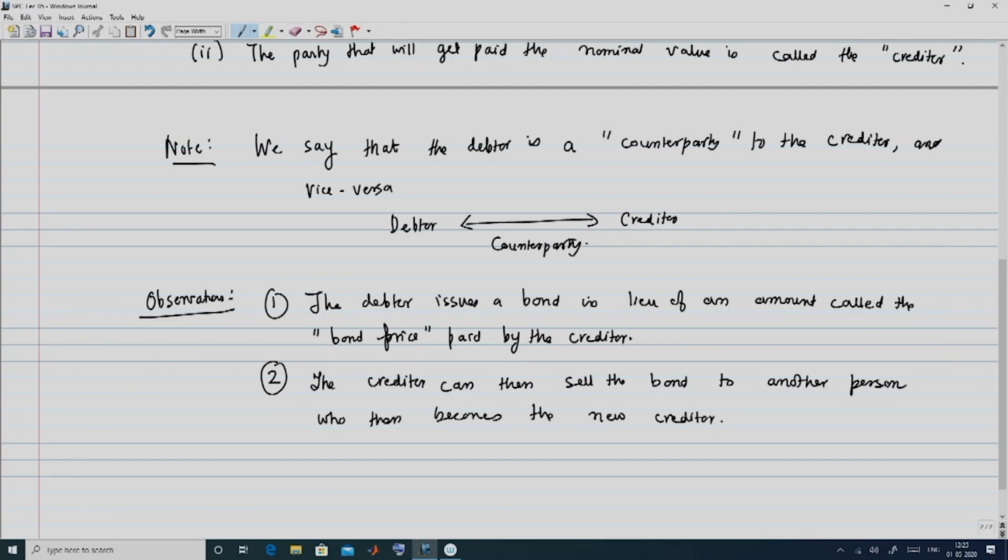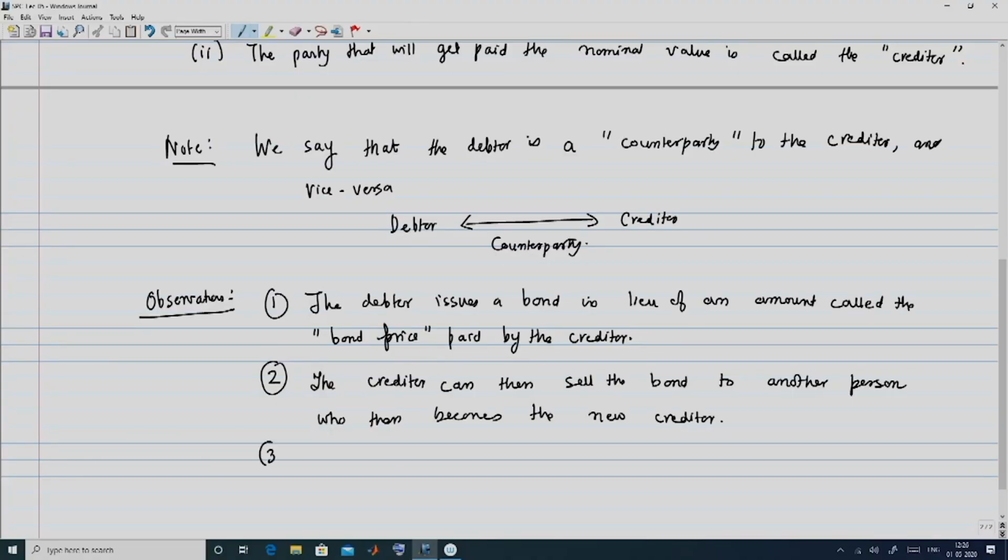So, this means that suppose I have paid some money to a debtor, say this is person A and I am the creditor, and suppose that the maturity of the bond is 5 years. So, after 2 years I decide to sell the bond to some party B. So, what might happen is that the bond price might be 100 today and the maturity is 5 years.